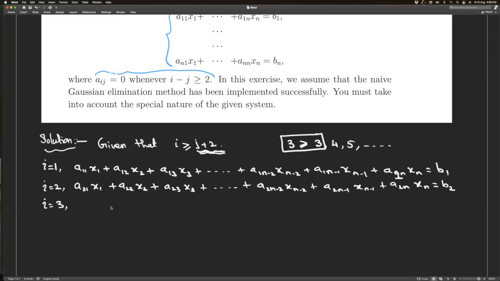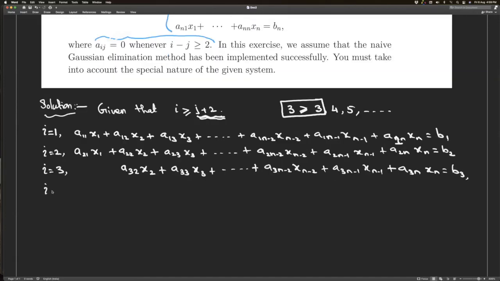So you have the first term as 0 in the third equation, but second term onwards we are not given anything, and therefore we have to retain the second term onwards. It means a32x2 plus so on till a3n xn is equal to b3.